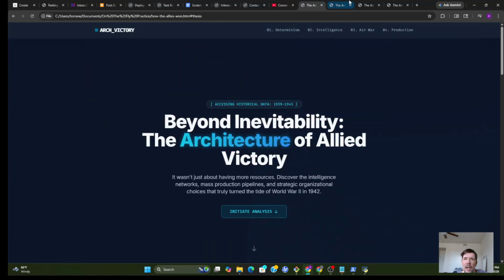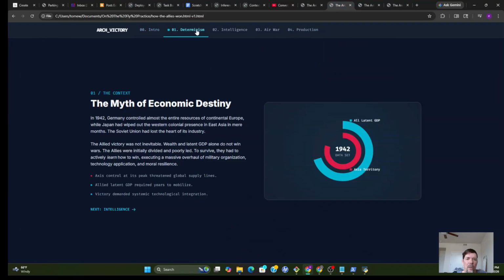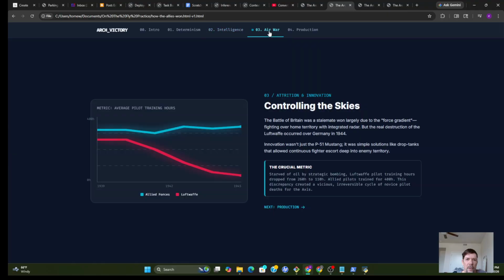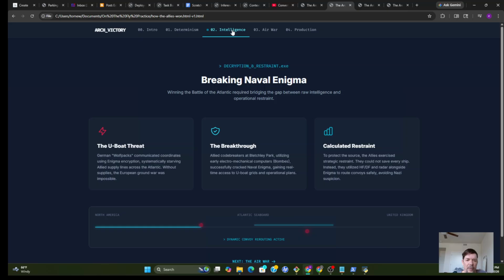The first iteration, I thought would work better as tabbed. So instead of one page where you scroll down, we have tabs. Then I made a couple of adjustments.